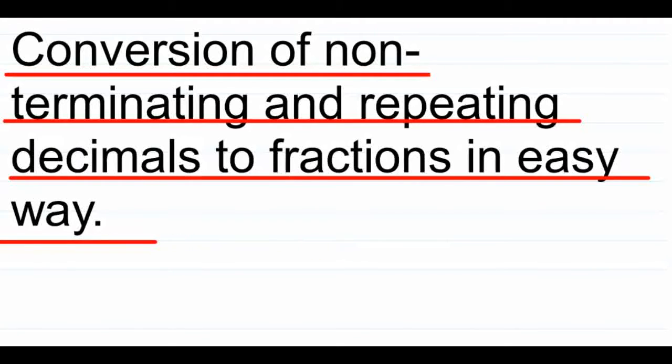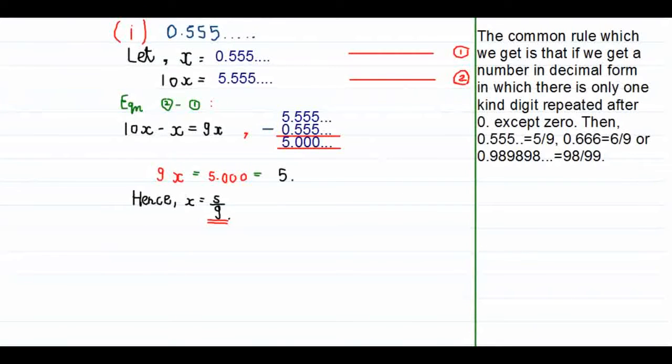So guys, let's start. Our first question here is 0.555..., which means that 5 is repeated infinitely. To solve this kind of question, first we have to assume 0.555... as a variable, which is x in this case.